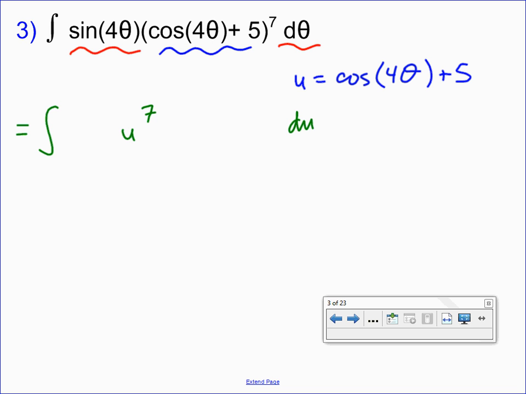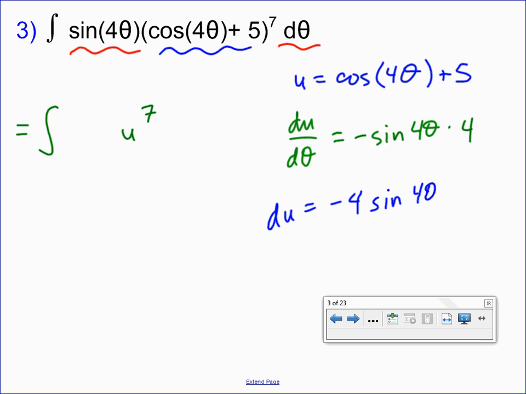So du d theta, the derivative of both sides with respect to theta, would be the derivative of cosine of 4 theta, which is opposite of sine of 4 theta times the derivative of the angle, which is 4, and so after multiplying the d theta over, I get negative 4 sine 4 theta d theta is equal to du.